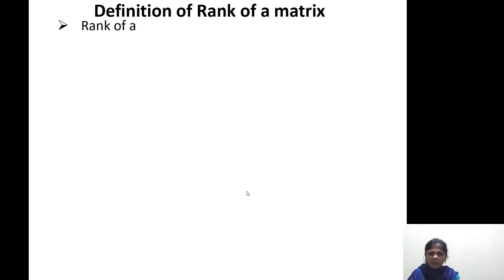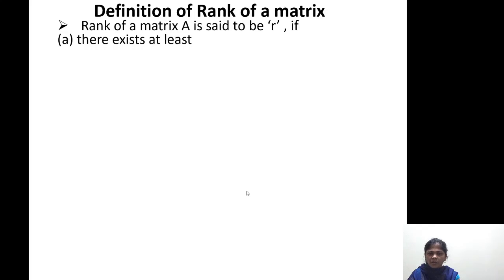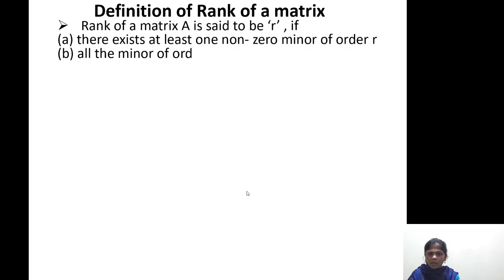The rank of a matrix A is said to be r if there exists at least one minor of order r which is non-zero and all the minors of order higher than r are zero.